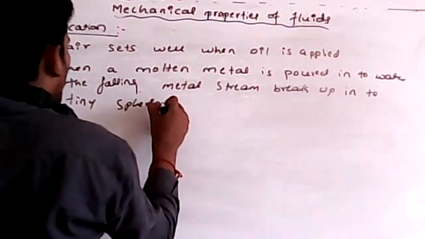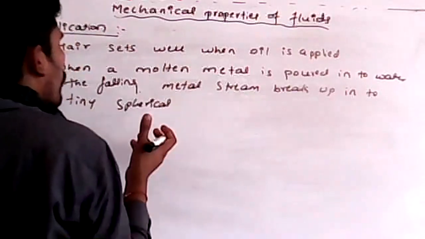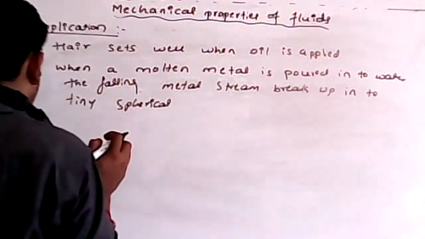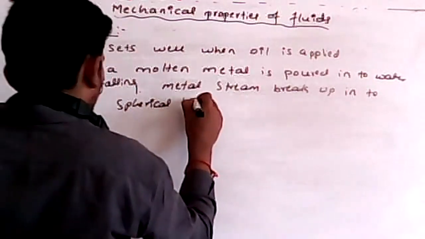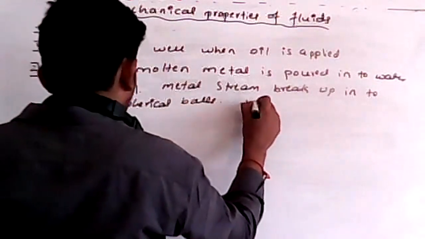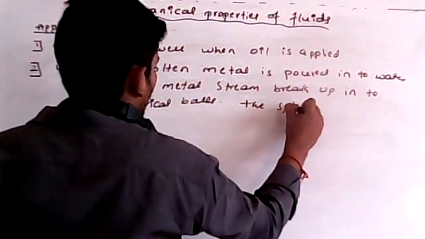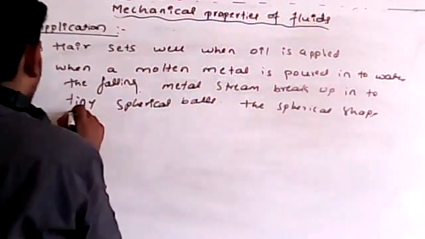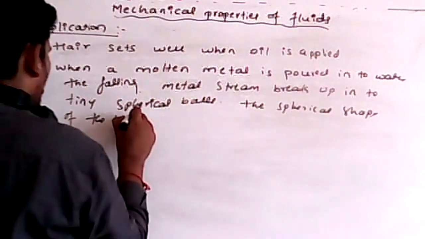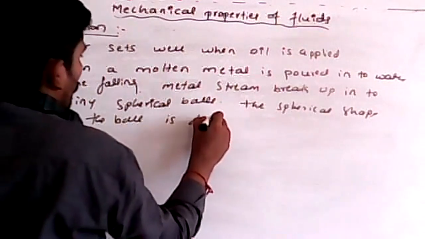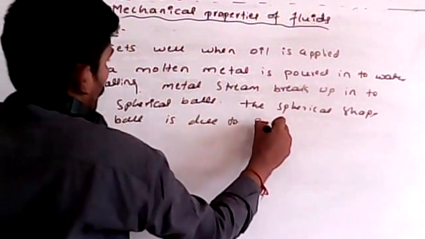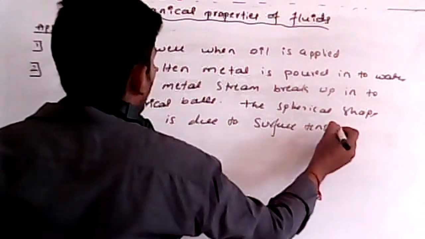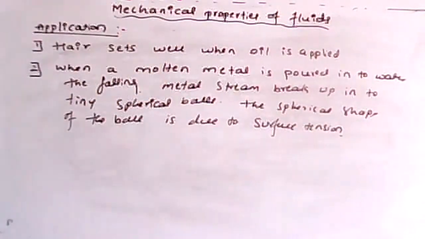It is just because of surface tension. Why? Because it always takes a spherical shape to maintain less surface area. The spherical shape of the ball is due to which reason? Surface tension. Many applications are given in your booklet, just go through that.